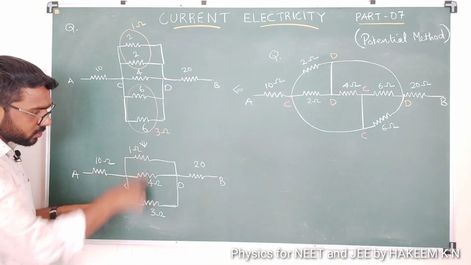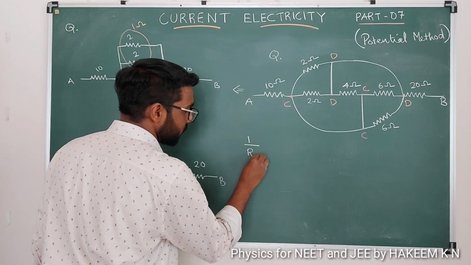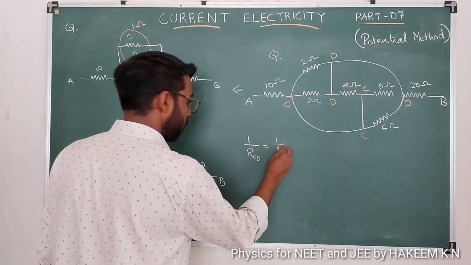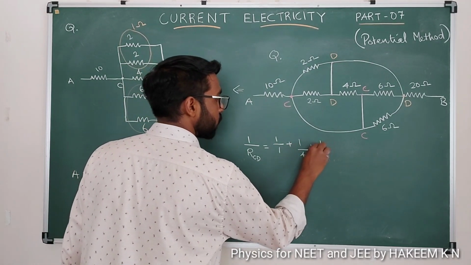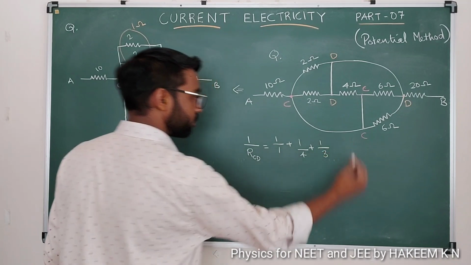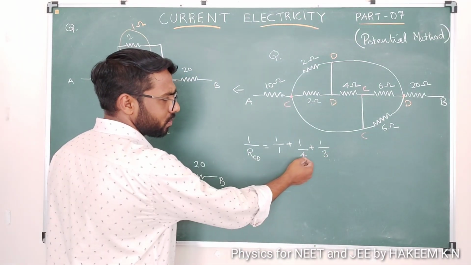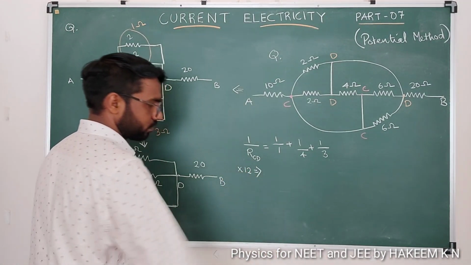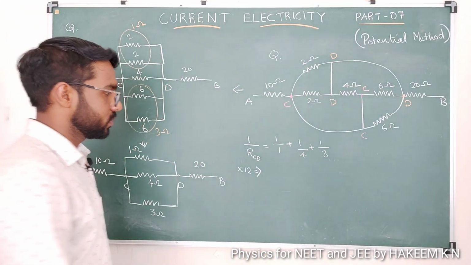What is the effective resistance between C and D? 1 by RCD, we will get 1 by 1 ohm plus 1 by 4 ohm plus 1 by 3 ohm. Okay, how to solve it? We can multiply this equation with 12 because 4 and 3 will go in 12.